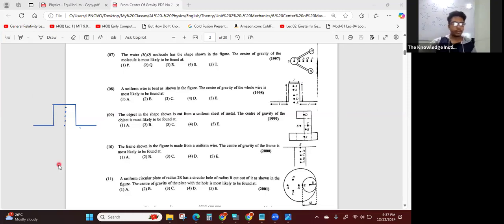Okay, so here what you can do is, the mass here is m, for example. And here the mass is m, and this part has mass m, and this one center of gravity here mass is m and m. If I consider the center of gravity of these three masses, we form a triangle, so it will be somewhere here.